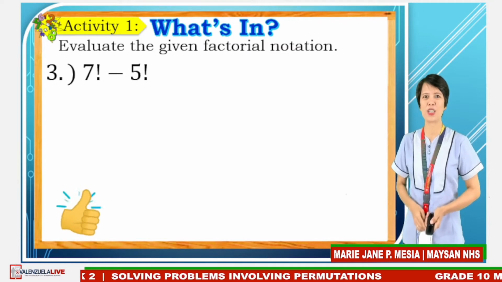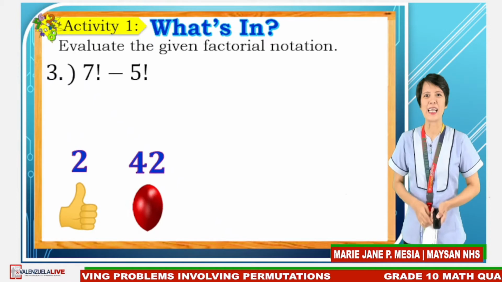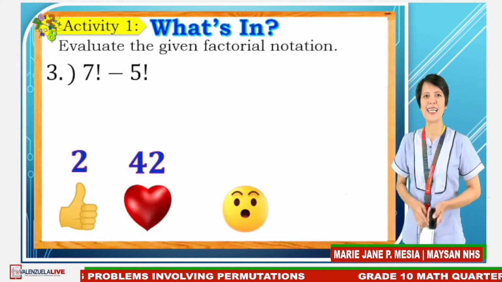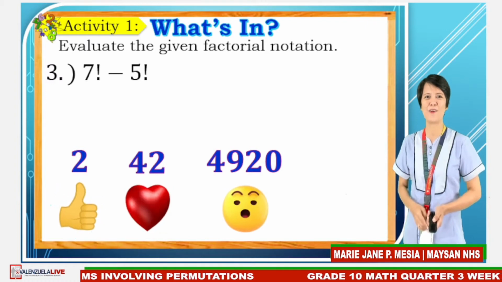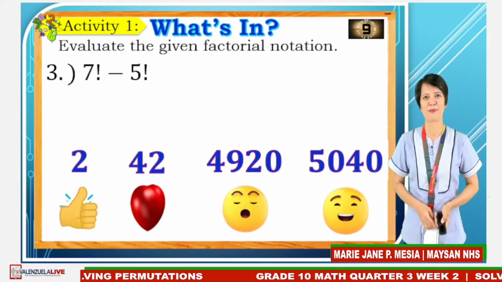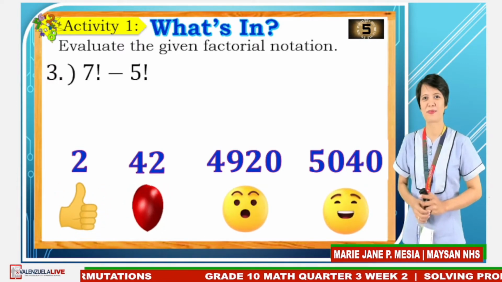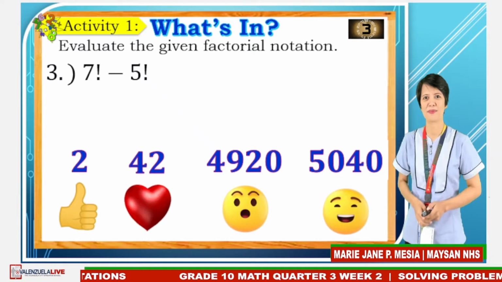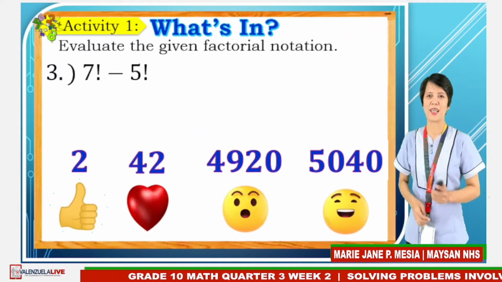Number 3, 7 factorial minus 5 factorial. In like emoji, we have 2. In heart emoji, we have 42. In wow emoji, we have 4,920. In haha emoji, we have 5,040. Okay, set the timer now. Time's up.